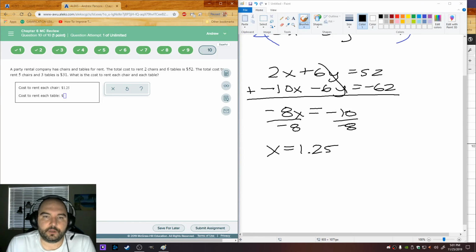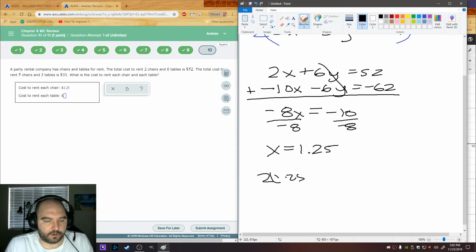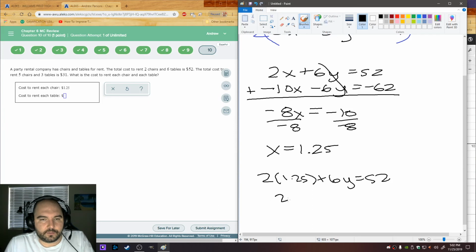So let me use an equation here. I'll use the first one, 2x, although I'm going to turn the x into that. Wow, okay, hold on. That's pretty disgusting. Let me write it pretty. 2x plus 6y equals 52. So this becomes $2.50 plus 6y equals 52.